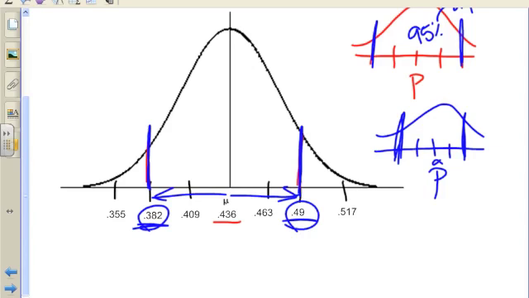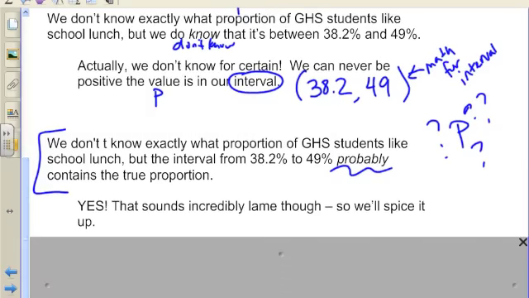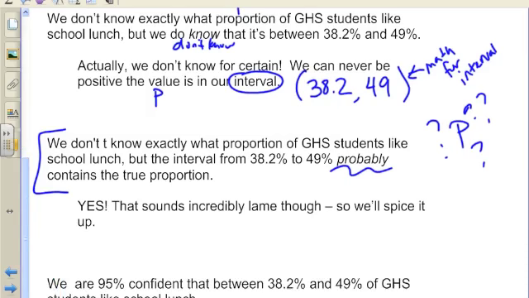95% is almost everything. So what I said actually sounds kind of lame. It makes a lot of sense, but we're going to fancy it up just a little bit. We're going to say it this way. We are 95% confident. Where did 95% come from? That was I went up and down 2 standard deviations.